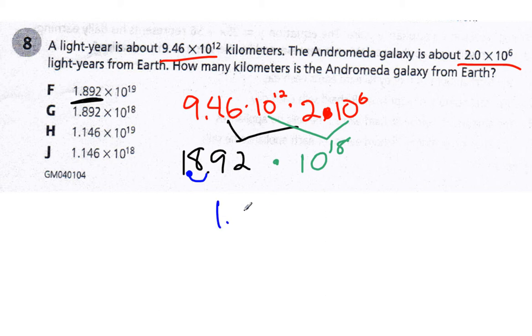So we get 1.892 times 10 to the 19. Because what we did here is we divided this by 10, and then we multiplied this side by 10, and that balances it out. So this gets smaller, this gets bigger, but we stay balanced. So here is our answer right there.